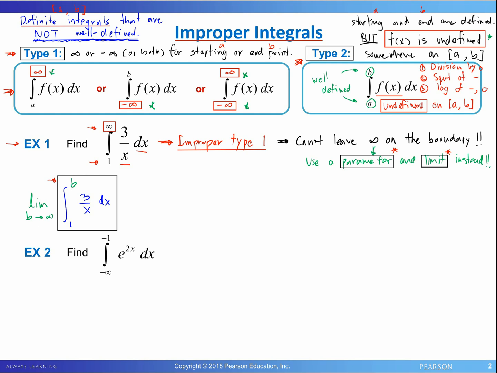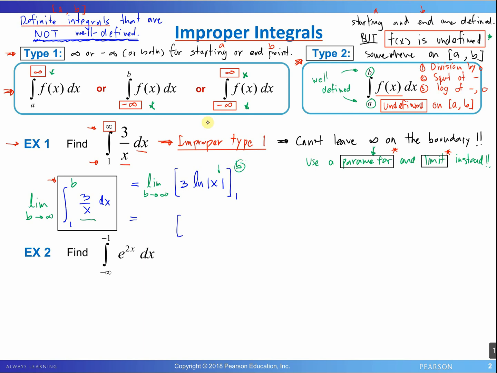So it's going to be equal to, and now we find the antiderivative of 3 over x. And we have 3 ln absolute value of x. And now we evaluate this at 2 values. The starting point, which is 1, and the endpoint, b. And don't forget the limit to tell b to go to infinity. Now the endpoint goes in right here.